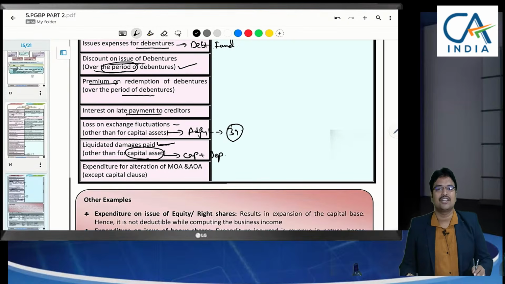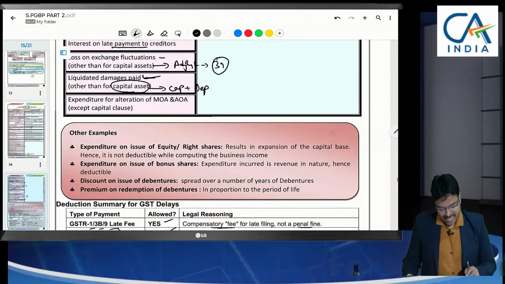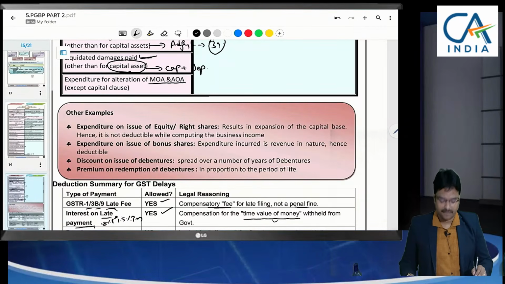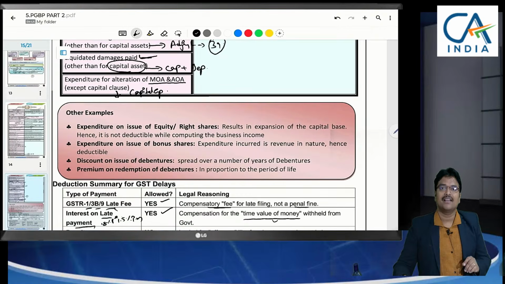Towards our existing revenue contracts you can claim expenses. Expenditure for alteration of memorandum and articles of association, capital clause will be treated as capital expenditure. If the general objects clause and all we are amending, then that will be treated as general deduction expenses.